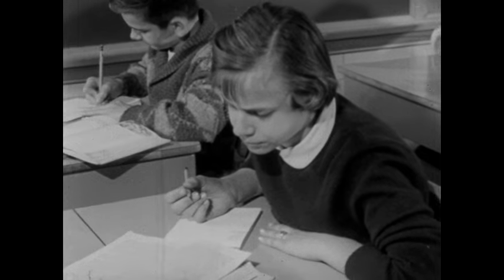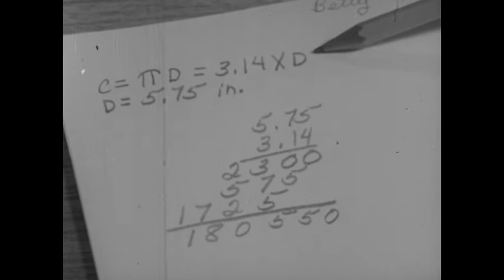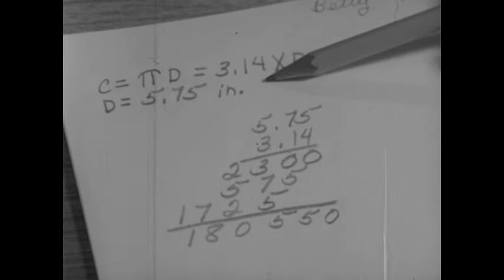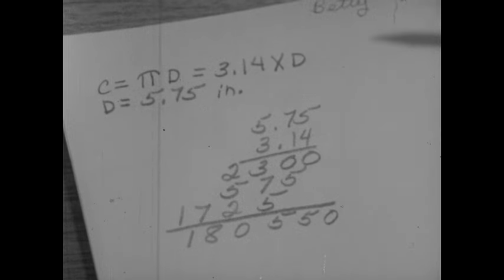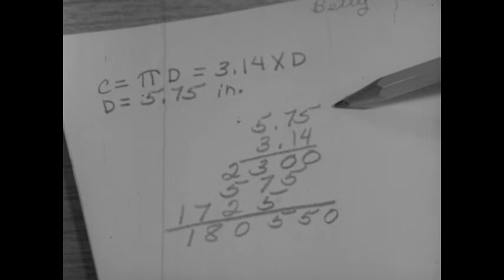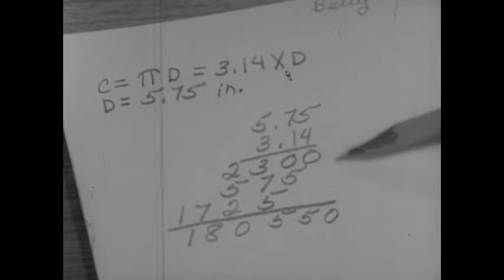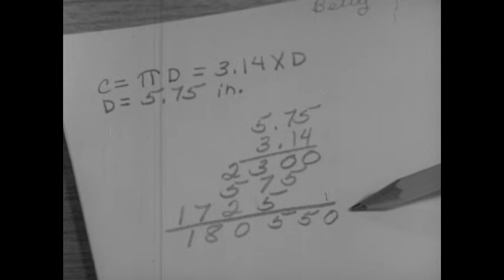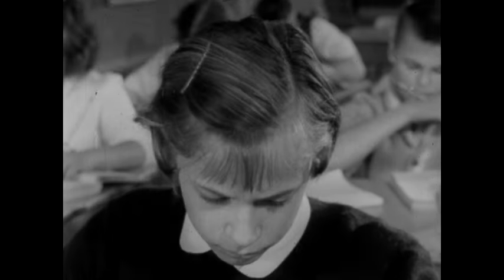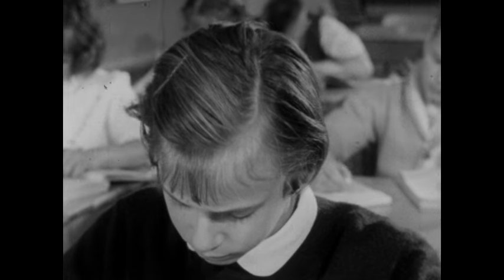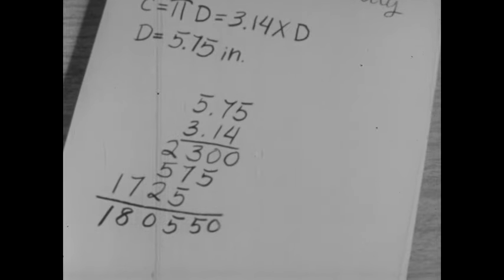Betty is finding the circumference of a circle whose diameter is 5 75/100 inches. So she has multiplied the diameter by pi, 3 14/100. Where should the decimal point go? Estimating the answer can help Betty find out. Let's round off the multiplicand and multiplier to the nearest unit. We'll round 5 75/100 to 6.